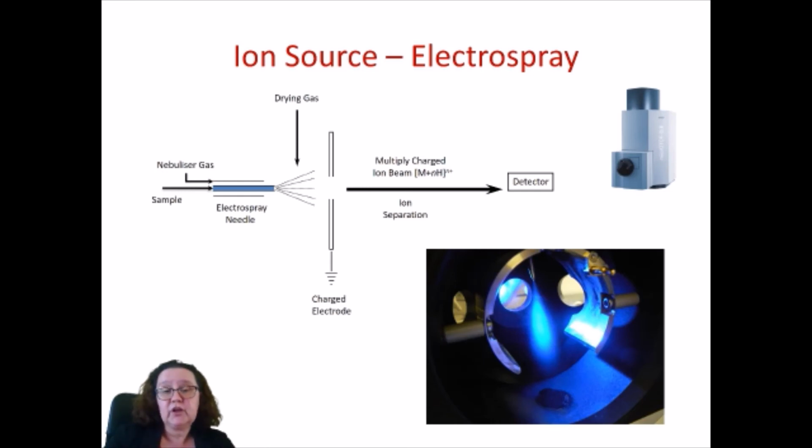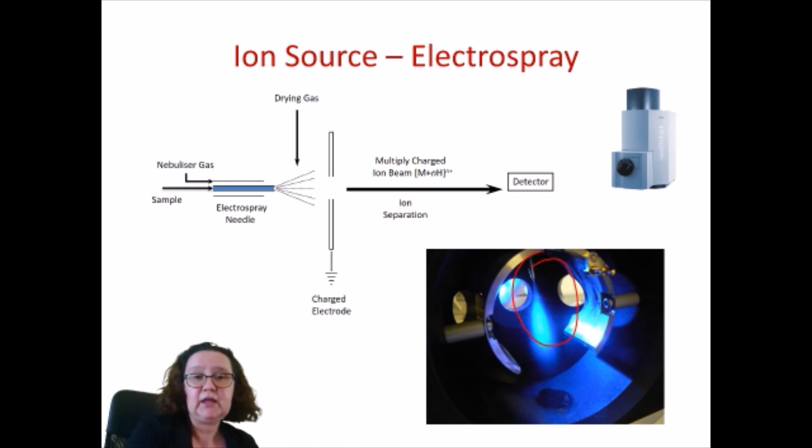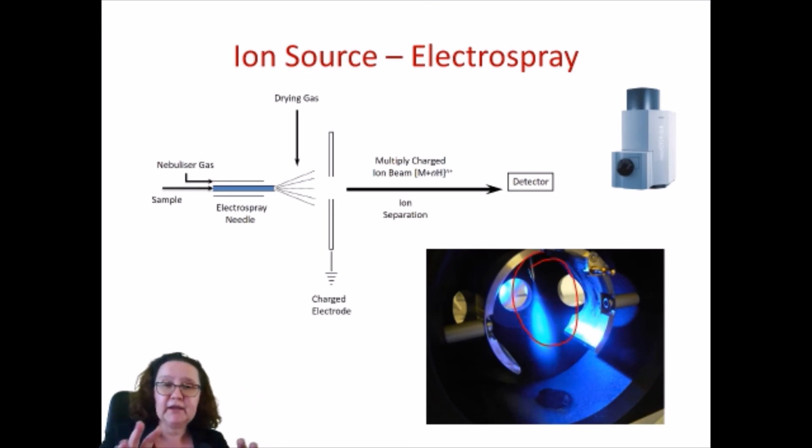And then once the ions are created, again go through a separation process and then are detected. So basically, and you have a picture here in which you can just about see the needle spraying the sample very fine, and with electrodes the ions are produced.